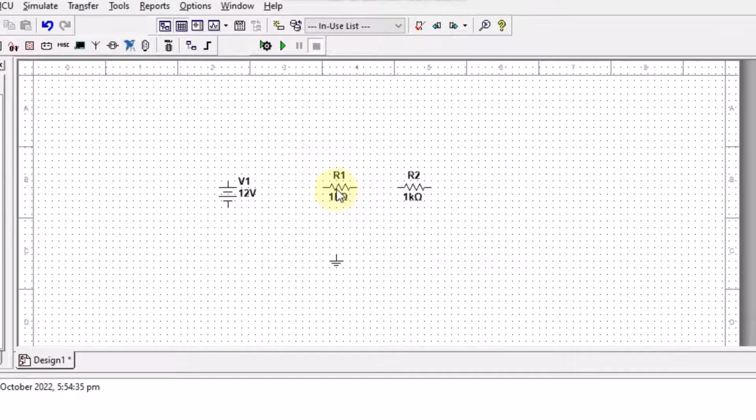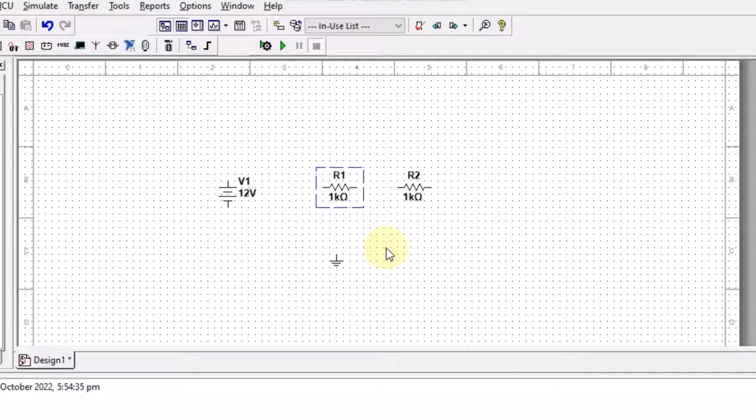Okay, so now what we have to do is construct a parallel circuit which is composed of a single voltage source and two resistors which will be connected in parallel with the voltage source. I can also construct a circuit like that, but for simplicity, I have to rotate them.